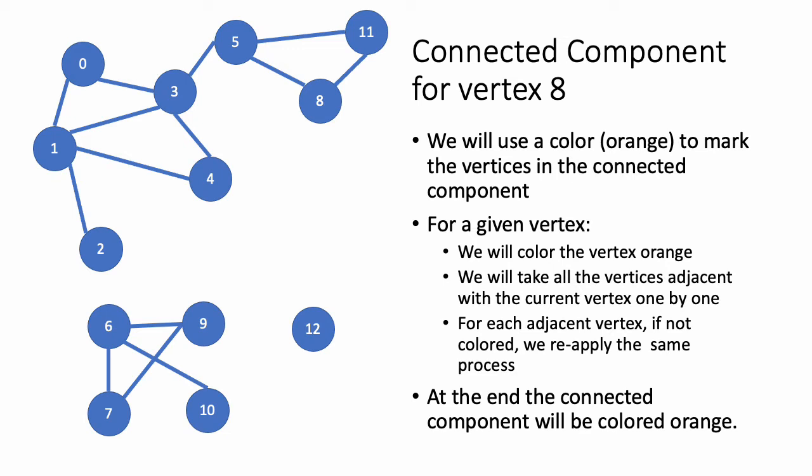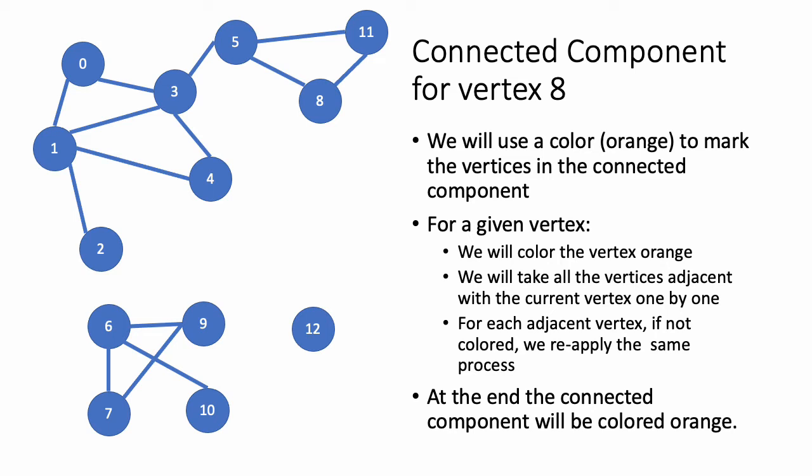Now, given a vertex, for instance 8, we'll color that vertex orange, then we'll take all the adjacent vertices, and for each adjacent vertex that was not yet colored, so it's the first time I go there, I reapply the process. So again, I will color the vertex, take all the adjacent. If they are not colored, I reapply the process, and so on.